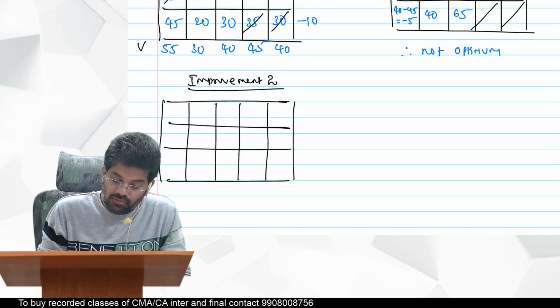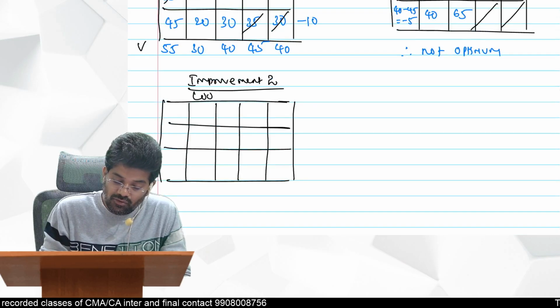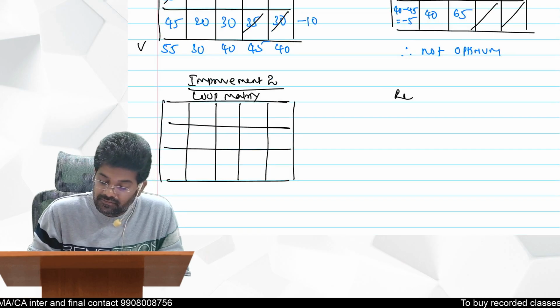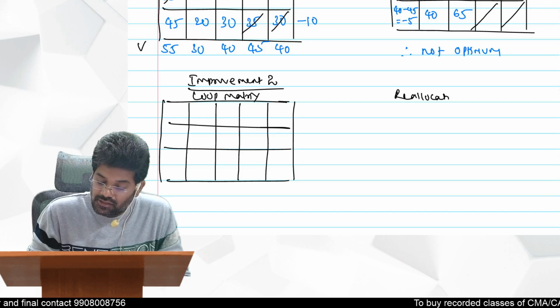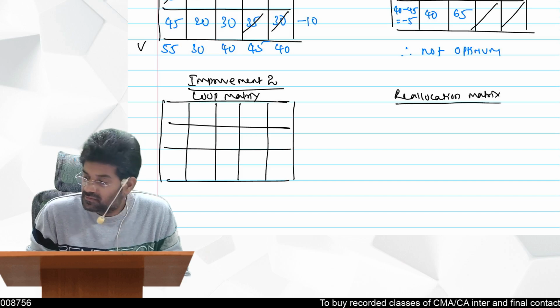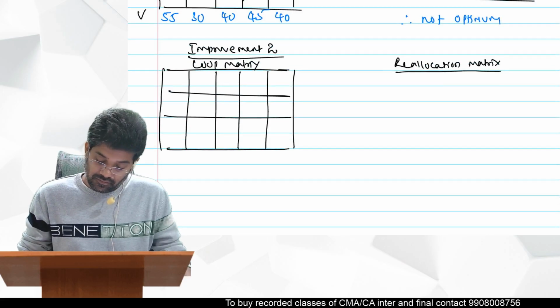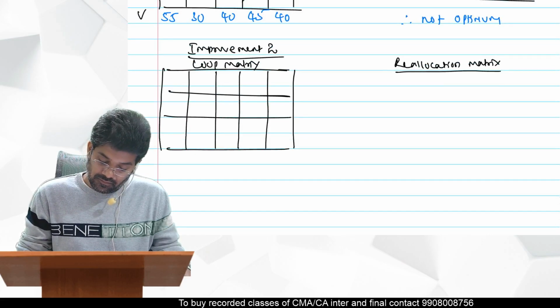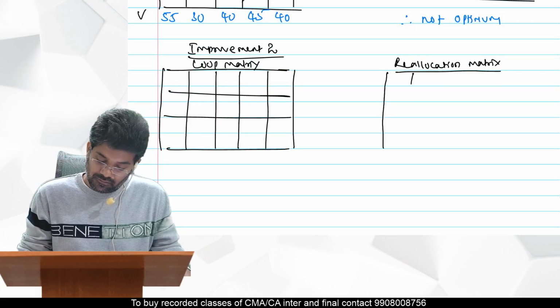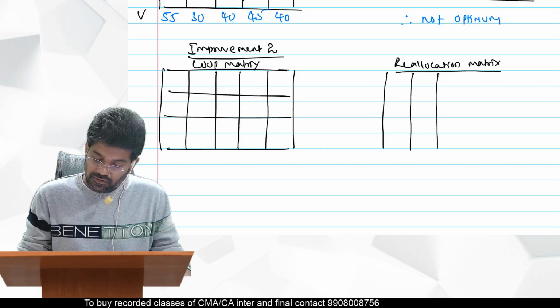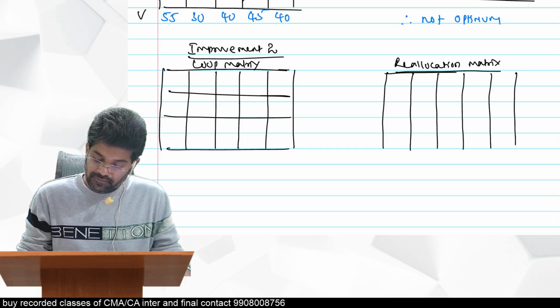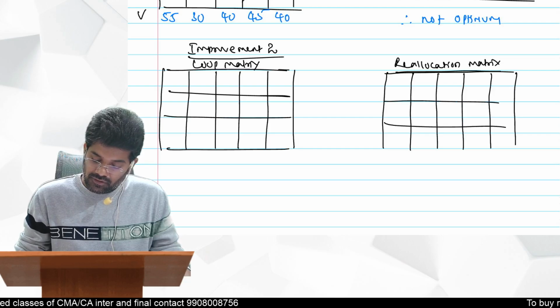Okay, this is the loop matrix, what we call as loop. Then the reallocation matrix.